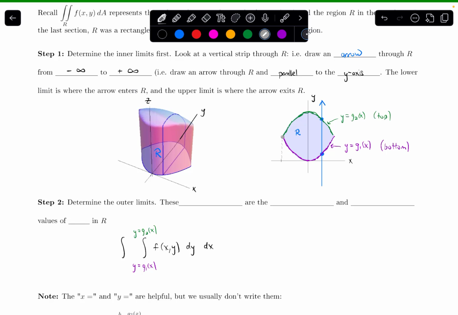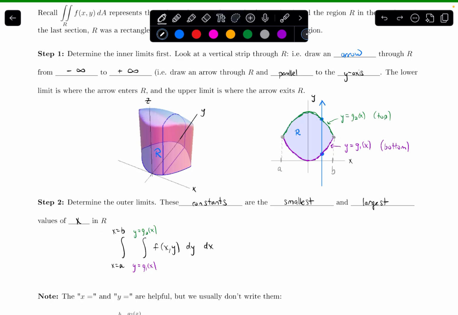I'll label that as A. What's the biggest value of x for the region, which I'll label as B. So those outer ones go from x equals A to x equals B. So the outer ones are constants. They are constants. And those constants are the smallest and largest values of x in our region R, because it's a dx integral on the outside.